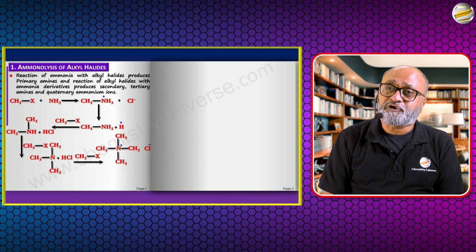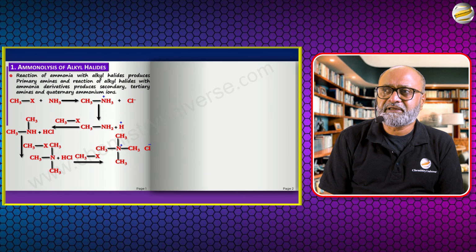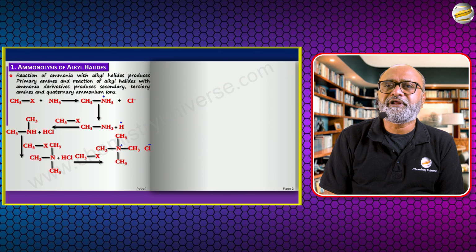And the other leftover 50 CH3X have a higher chance of reacting with ammonia because ammonia is still very high, 10,000 molecules minus 50. Whereas the chance of them reacting with the primary amine is far less. So if ammonia is in excess, you'll get a good yield of primary amine.